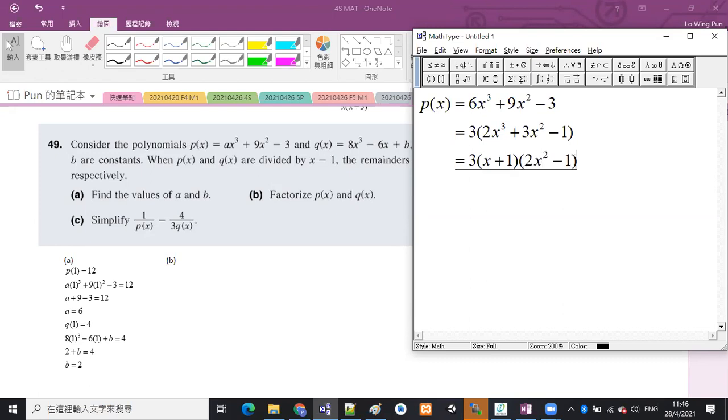It should be like this, should be plus x. Am I correct?